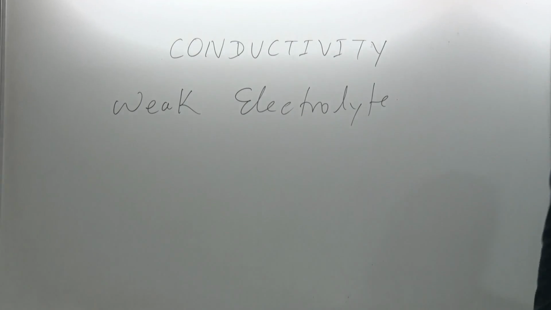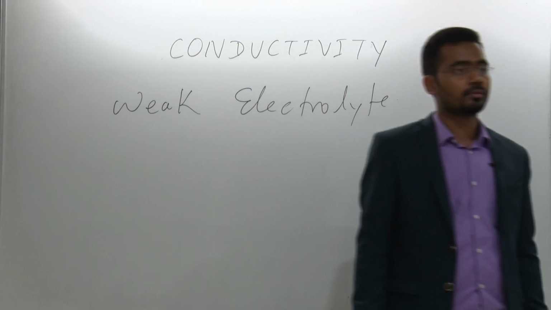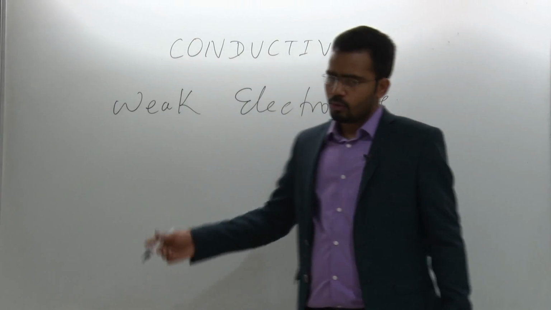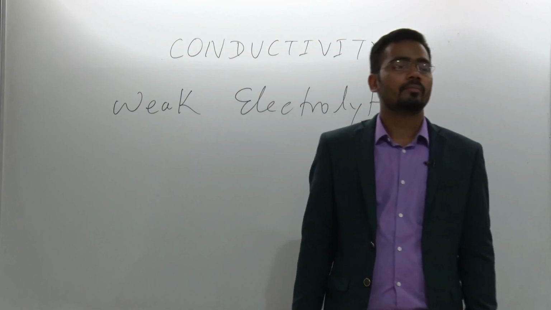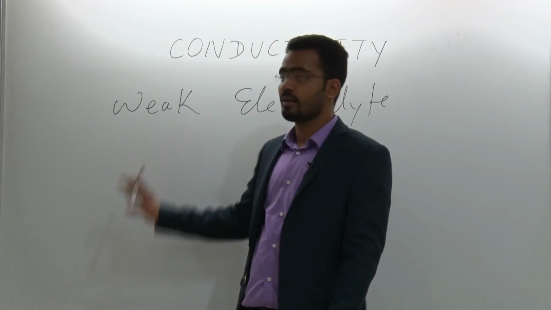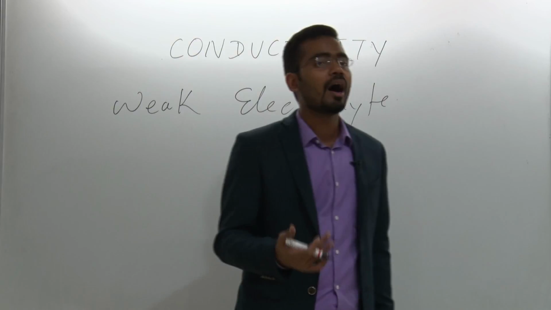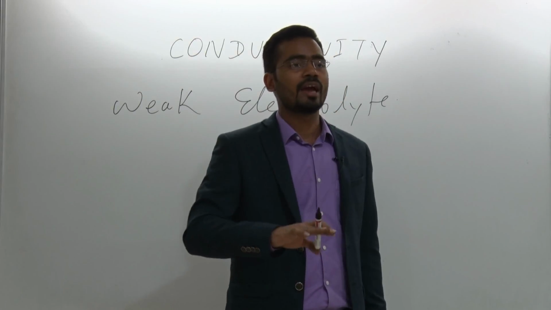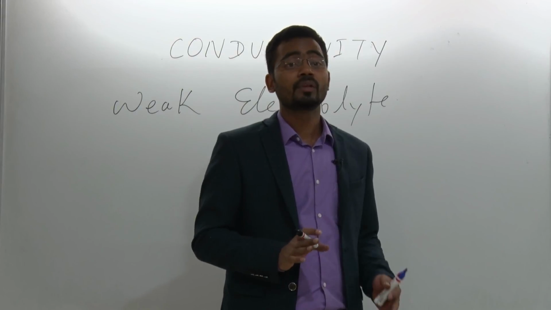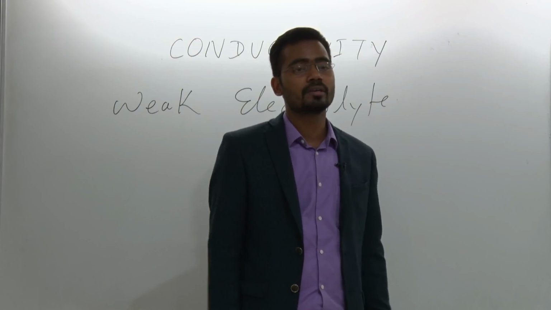So how do you calculate molar conductivity of a weak electrolyte? You know what happens in a strong electrolyte. In a strong electrolyte, the conductivity depends on carriers, on ions. For example, NaCl, when it dissolves in water, dissociates 100%, and the carriers are Na plus and Cl minus.